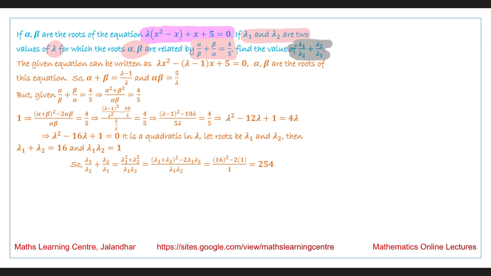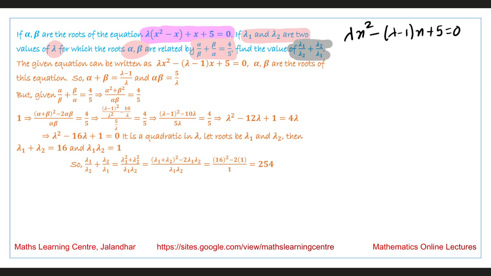So the given equation can be written in the quadratic form λx² − (λ − 1)x + 5 = 0, and it is given that α and β are the roots of this equation.